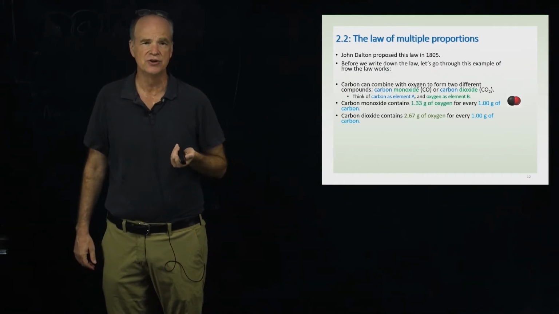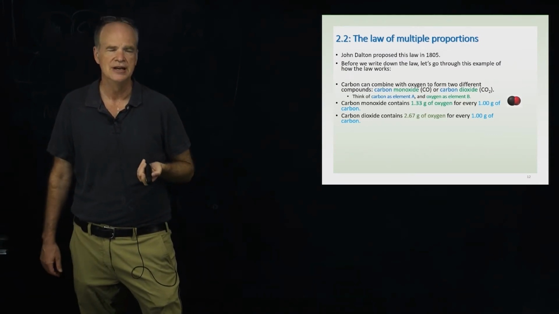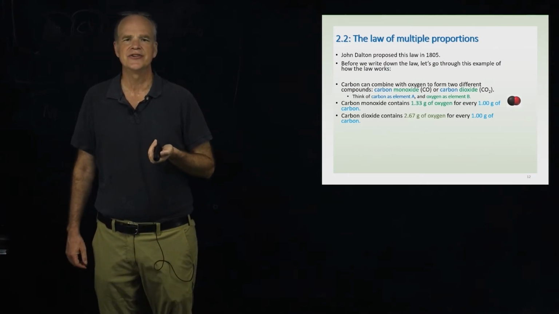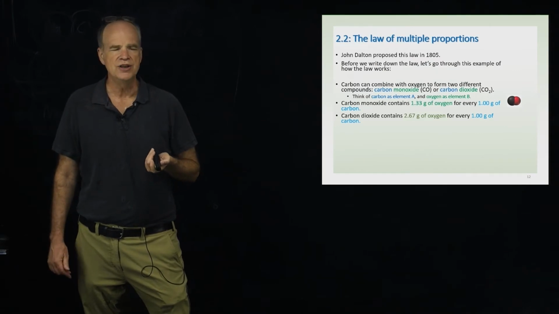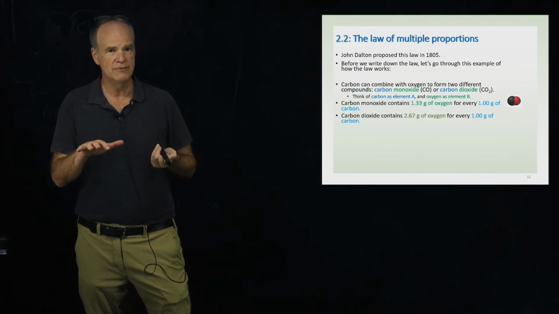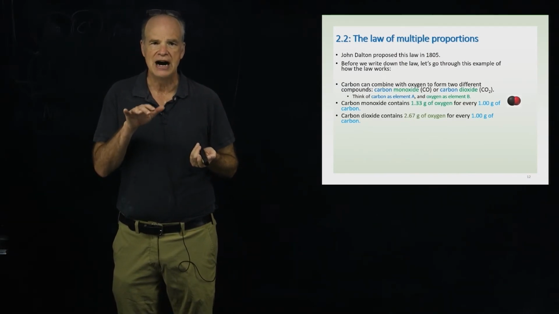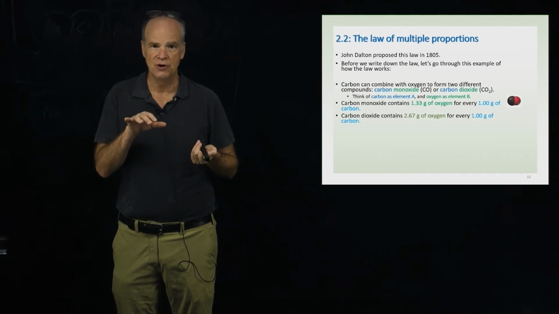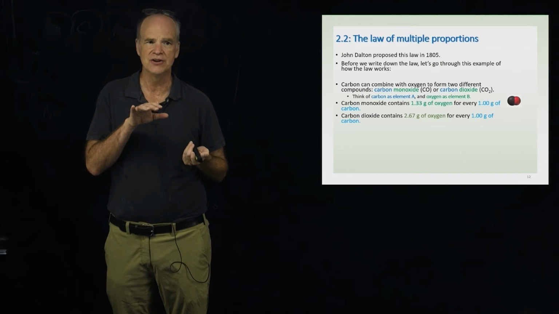Now, let's say you're looking at another compound formed by carbon and oxygen, and this compound is carbon dioxide. If you were able to get the mass of the elements of that compound, what you would see is that for every 1 gram of carbon, you don't have 1.33 grams of oxygen like you have in carbon monoxide. You have 2.67 grams of oxygen in that compound of carbon dioxide.